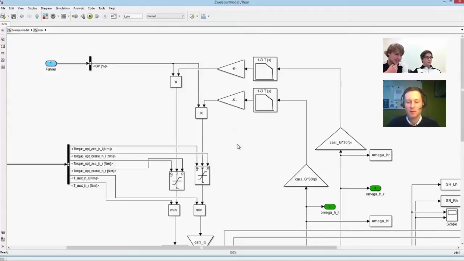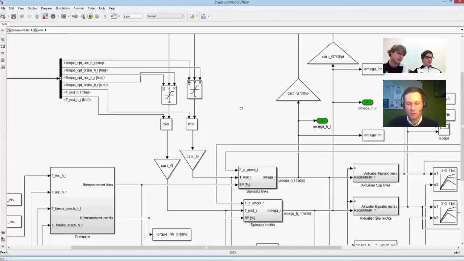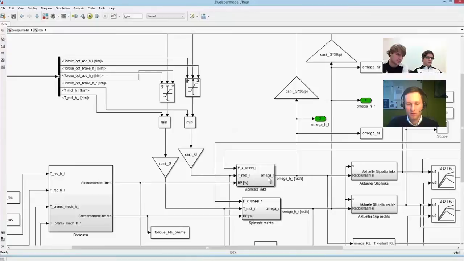Very interesting. Okay. So then out of this lookup table we get our torque, and this torque is then saturated by the values which come out of the vehicle dynamics controls, so the optimal torque for braking and for acceleration. Okay. And then this is passed back into these kinematic relations to calculate the wheel speed again.